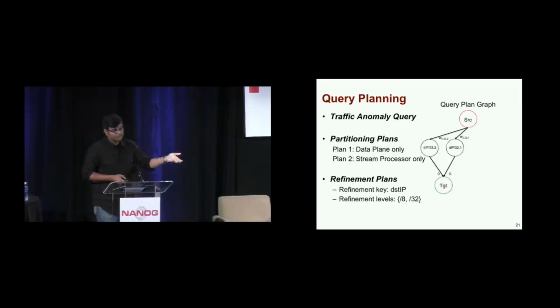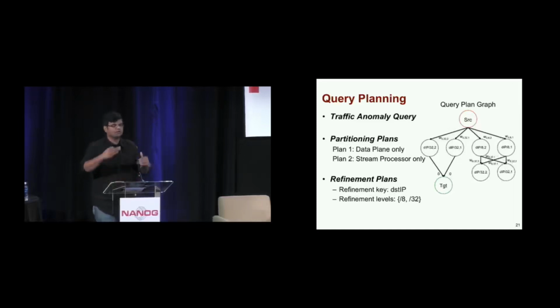The other option is to execute this query at /8 first. Again, there are two options: do it completely in the data plane or completely in the stream processor. Then I move to /32, the finest level of granularity, and again I have two choices. So if you notice, there are 6 different ways in which you can execute the query.